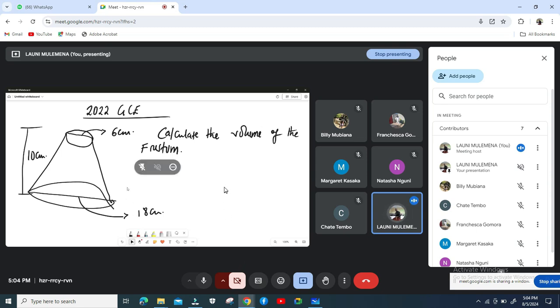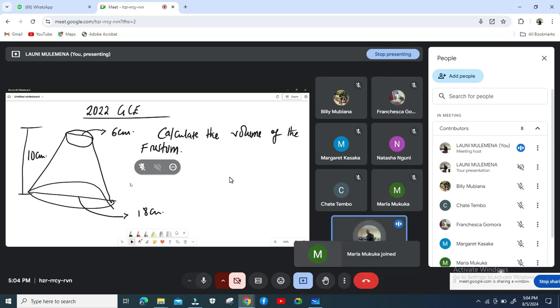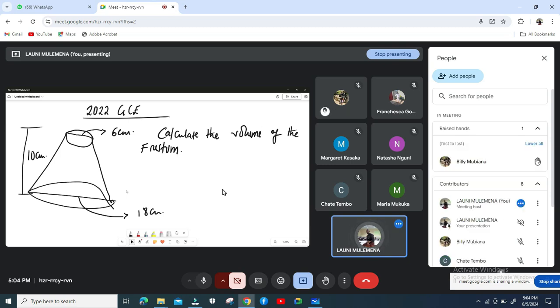So now this is the Frustum of a cone. How do we know to say it's a Frustum of a cone? Anyone with an idea? Because if we fail to identify whether this is a Frustum of a cone, a square pyramid or a rectangular pyramid, then we cannot solve anything because we won't know what formula to use.